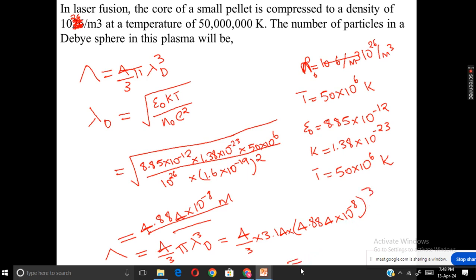How much will it be? The number of particles within the Debye sphere will be 4 into 3.14 into the Debye length the whole cube, which we just found to be 4.884 into 10 raised to minus 8, cubed.